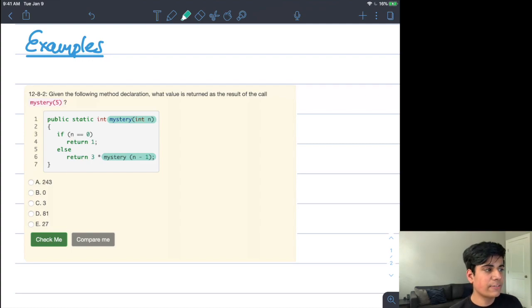So giving you an FRQ for recursion is not going to be very helpful, because you won't need to write a recursive method as something that's graded in the FRQ section. You're only going to see recursive questions in the multiple choice section, and they're going to ask it just like this, asking you for a returned value rather than asking you to write something.